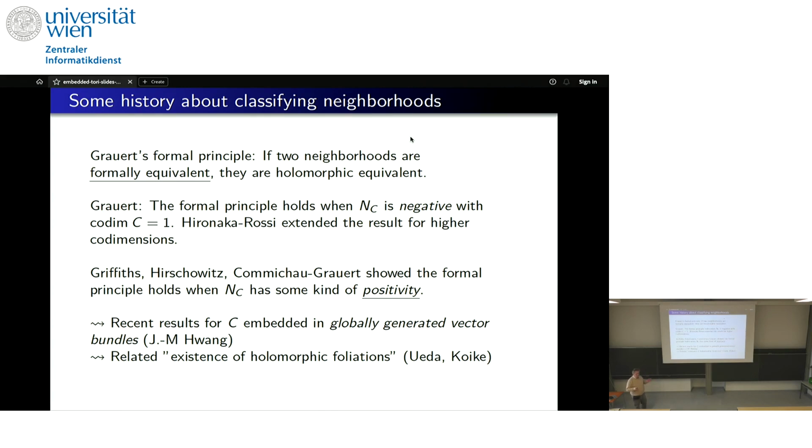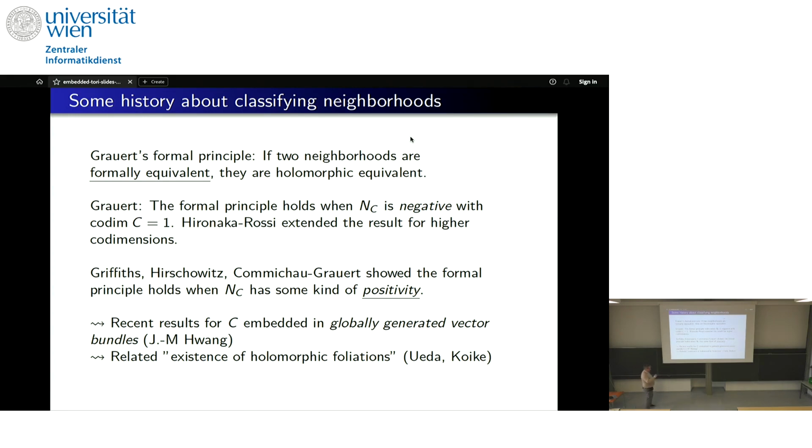So before, in Grauert's situation, you just need to look at the normal bundle. If it is negative, then automatically you don't care. Here you just need equivalence up to a finite order jet. So it's a kind of finite determinacy, if you wish.